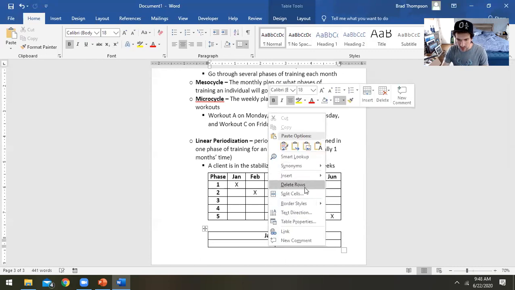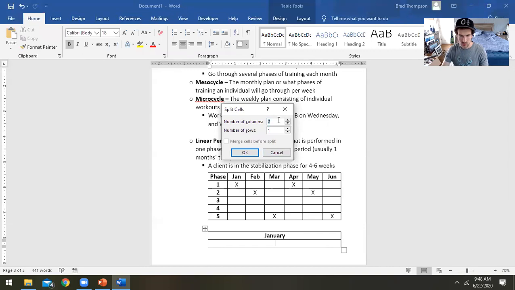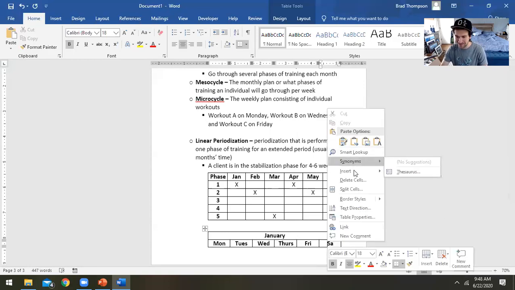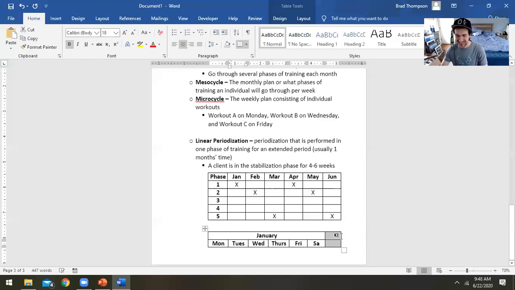Split these cells into 6 columns. All right, so then we have Monday, Tuesday, Wednesday, Thursday, Friday, Saturday, and Sunday.